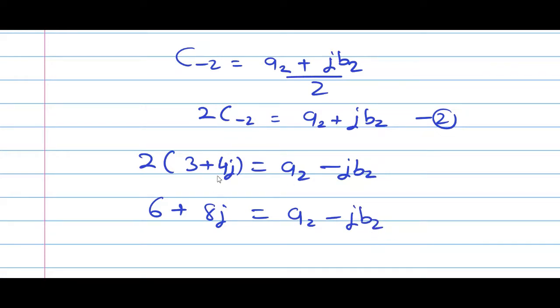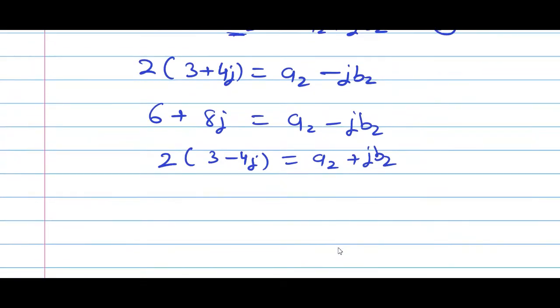Similarly, substitute the value of C minus 2 in equation number 2. So that becomes 2 times 3 minus 4j equal to A2 plus JB2. So multiplying by 2, it becomes 6 minus 8j equal to A2 plus JB2. Okay, so this is equation 3, this is equation 4.